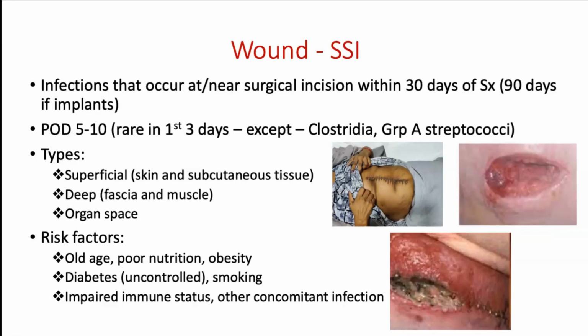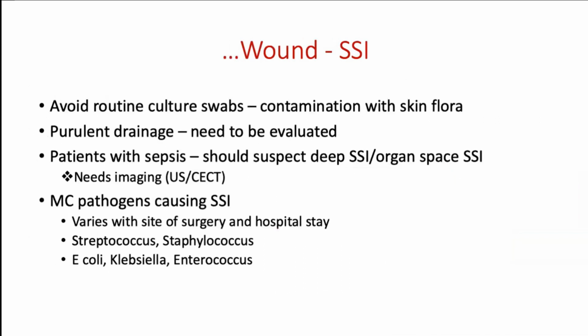The risk factors for SSI include, again, old age, poor nutrition, and obesity, which are obvious, uncontrolled diabetes, smoking, which affects the wound healing, and impaired immune status, say the patient is HIV positive or on immunosuppressants or corticosteroids, and other concomitant infections. In these cases, the SSI rate is high.